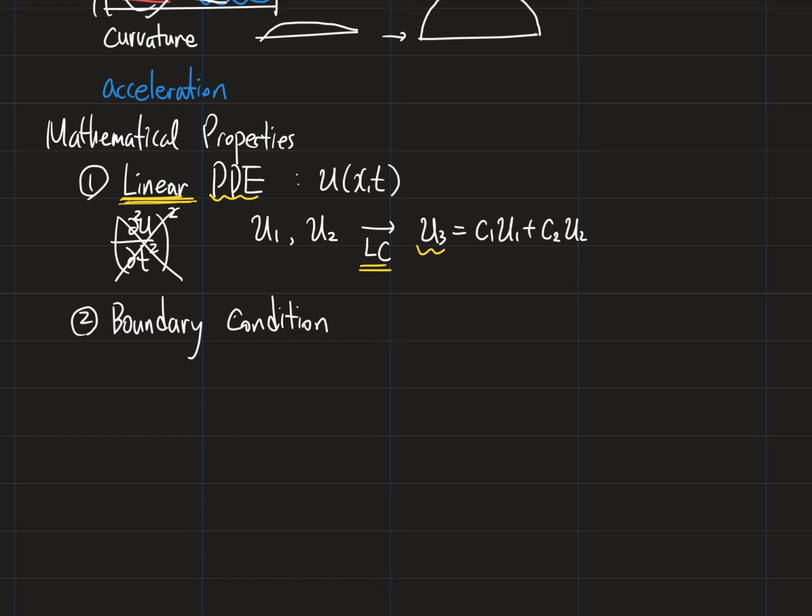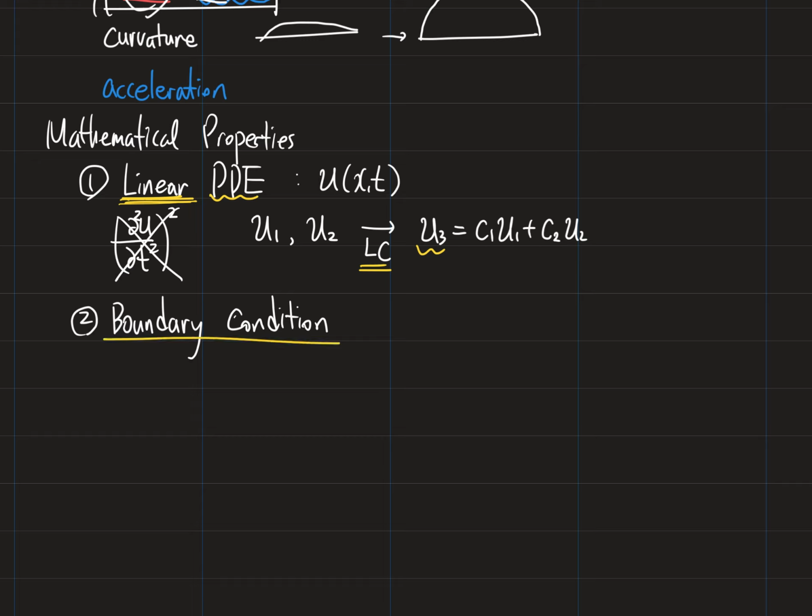So it is not describing a particular situation. To describe our specific string that has both ends at x equals 0 and x equals L, we need to apply our geometric constraint known as boundary condition.